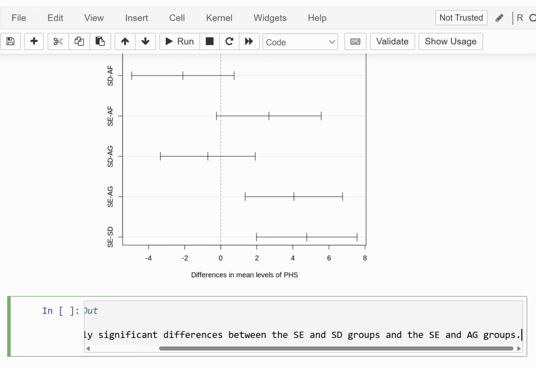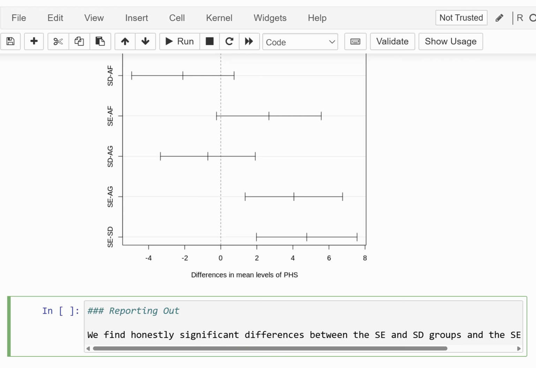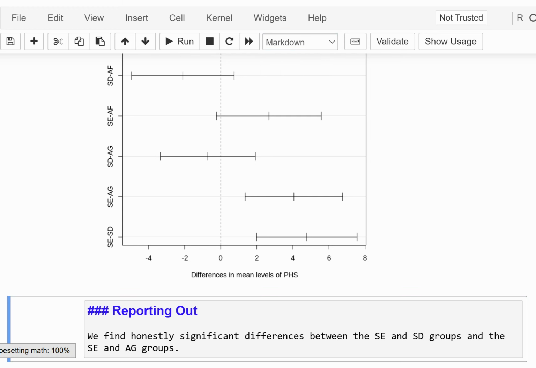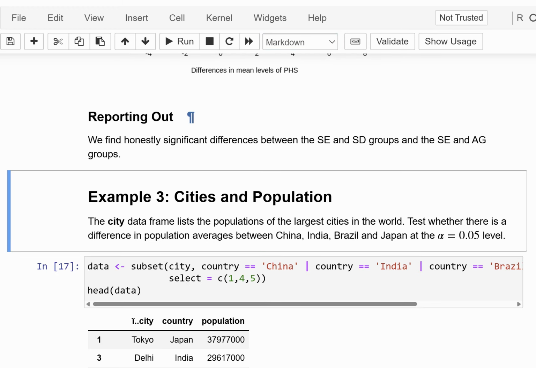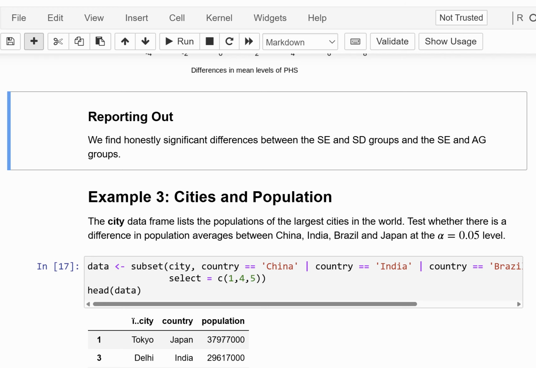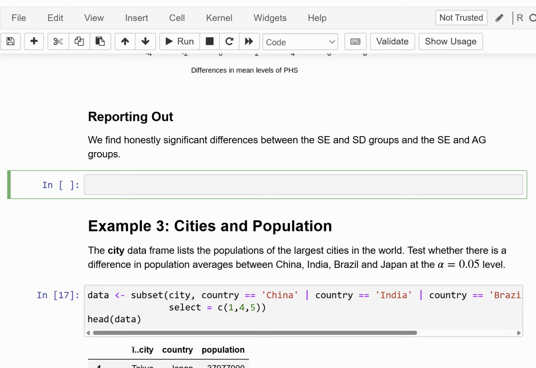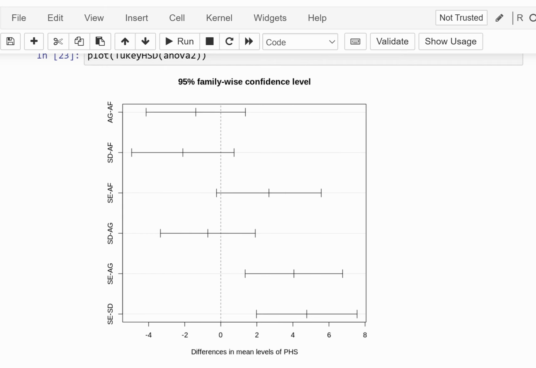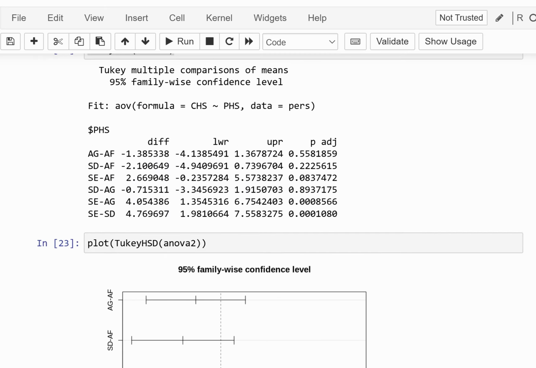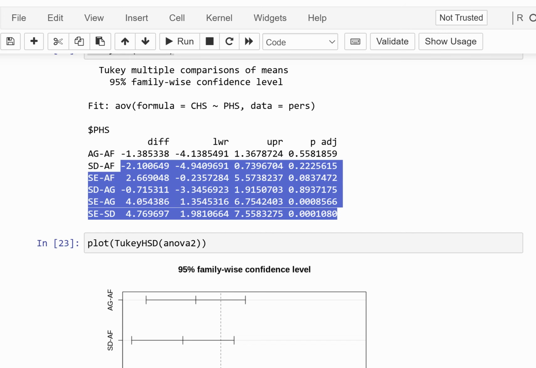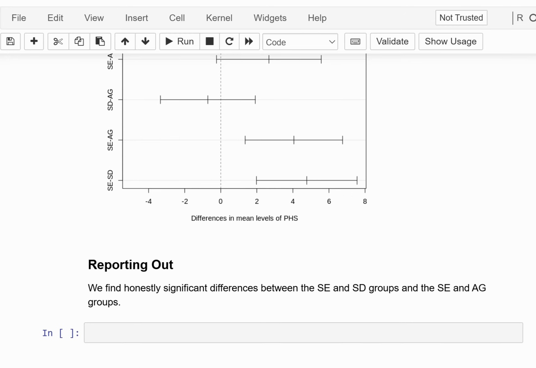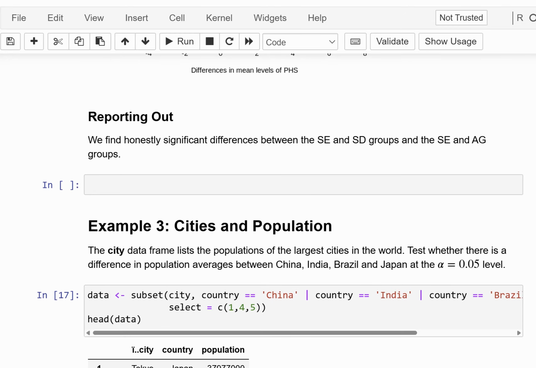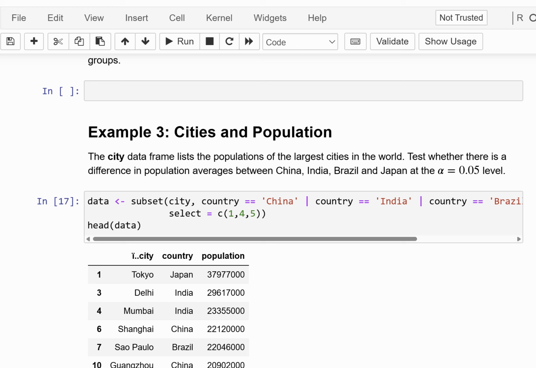Okay, and then no other honestly significant differences exist. Some people do write that out. I'm not going to. I report the ones that are there, and I don't spend a ton of time reporting the ones that are not. Again, a lot of times we give them either a graph of the confidence intervals, or we give them the Tukey HSD table so they can see the numbers, but we just are going to report on the ones that are significant. Okay, now cities and populations.